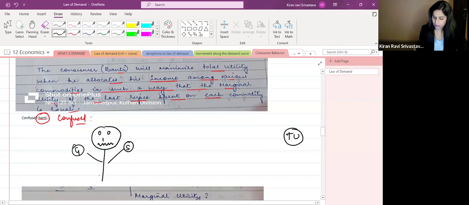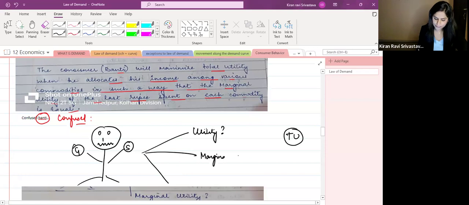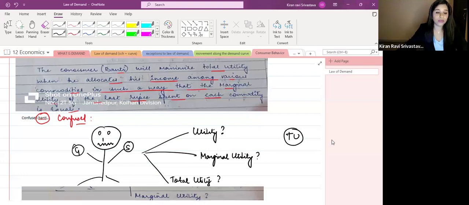But in between, a lot of new words have come: utility, marginal utility, and total utility. Three terms altogether new to Bunty.